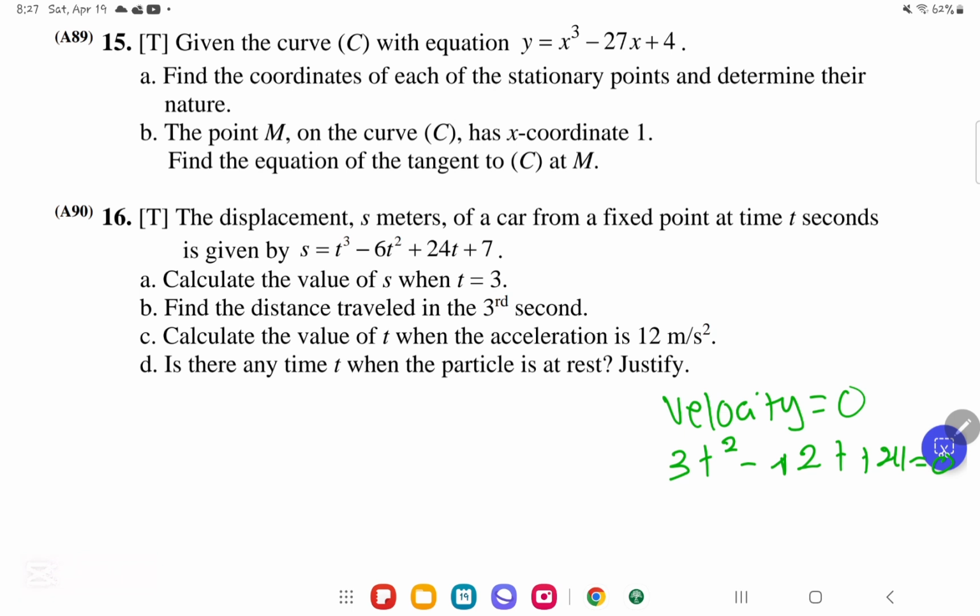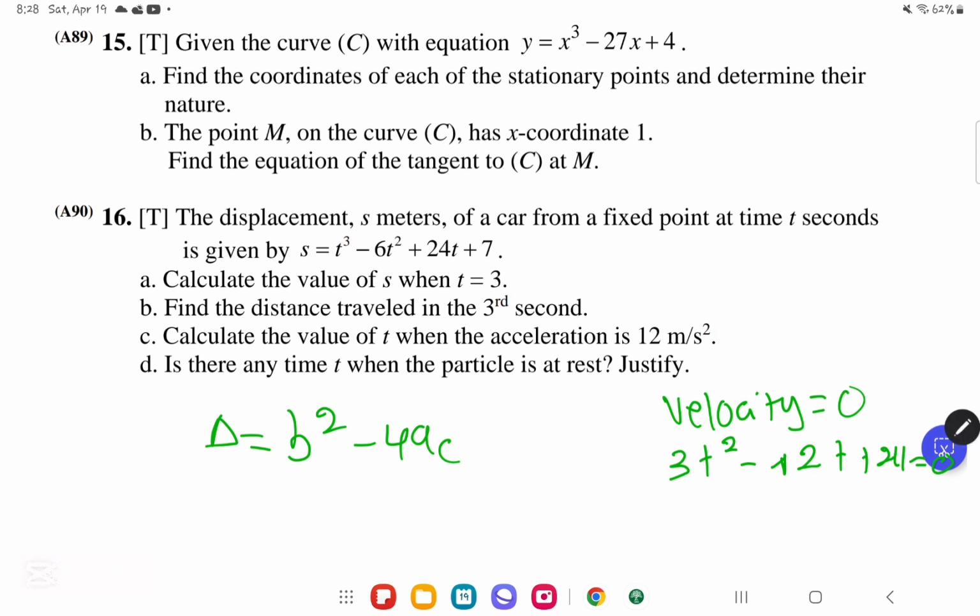You could solve this either by doing the discriminant, which is b squared minus 4ac, or you can put it on your calculator. If you put 3, minus 12 and 24 on your calculator, you're going to get numbers with i next to them. Those are imaginary numbers, so for sure there is no time, which is a real number, where the particle is at rest.